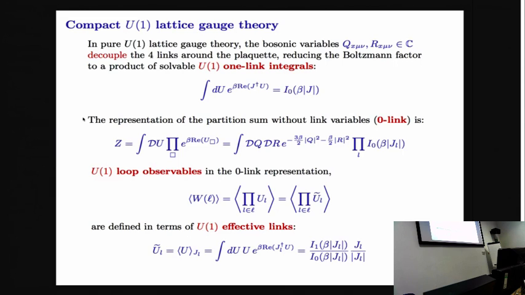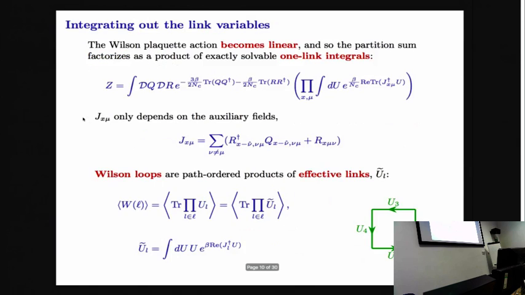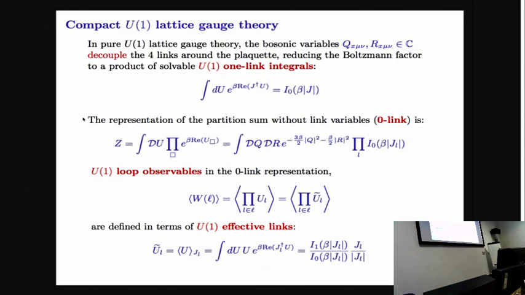And these integrals are very easy to solve. They just involve modified Bessel functions of this quantity J that I showed here, the absolute value of J, and in the end you get a partition function for the pure gauge theory which is exactly equivalent, but with extra variables, having just got rid of the link variables.